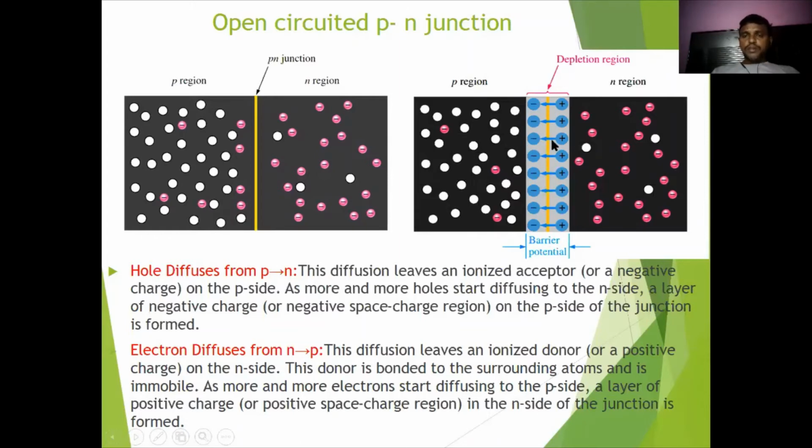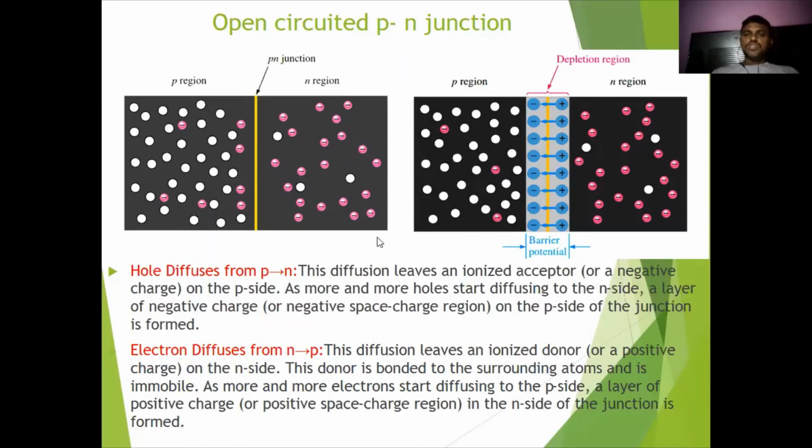Up to this point, this is the formation of the junction and the formation of the depletion region, and its width is around 0.5 micrometers. The barrier potential is 0.3 volts for germanium, 0.7 volts for silicon, and 1.12 volts for gallium arsenide.